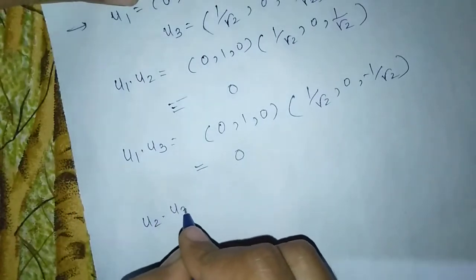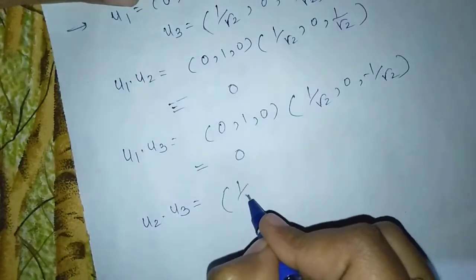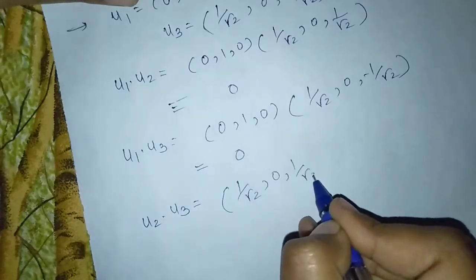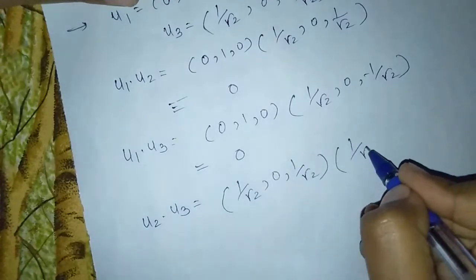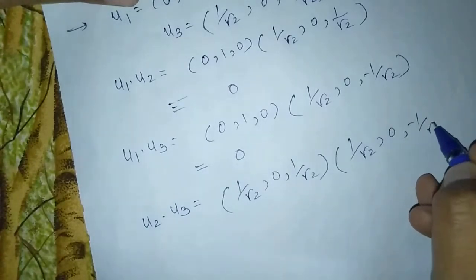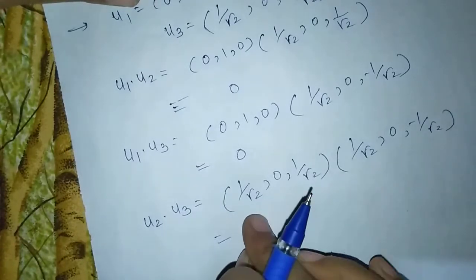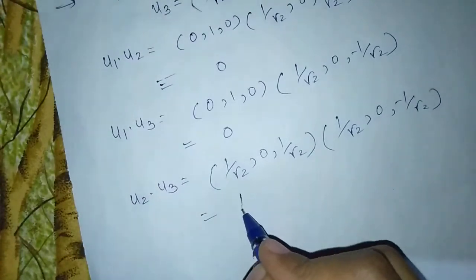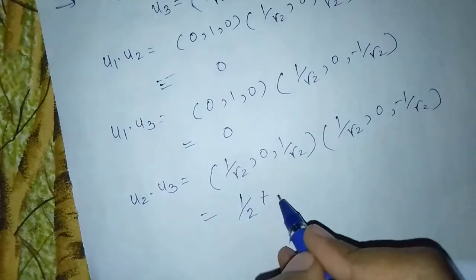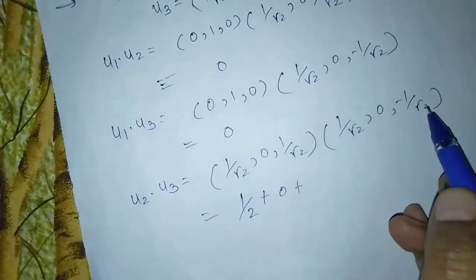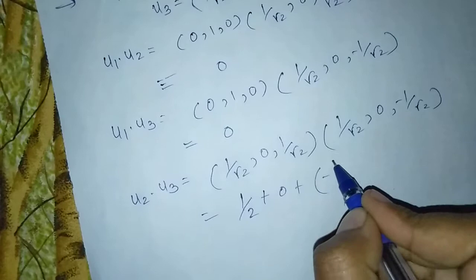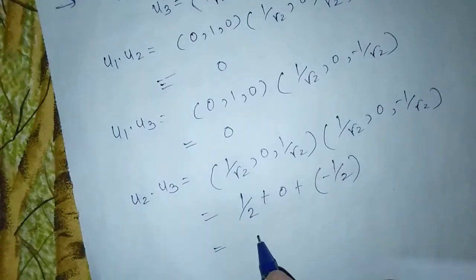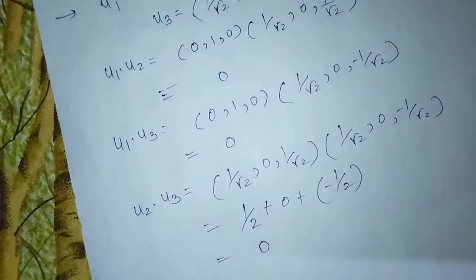Next, u2 dot u3 is (1 upon root 2, 0, 1 upon root 2) dot (1 upon root 2, 0, minus 1 upon root 2), which is 1 upon 2 plus 0 plus minus 1 upon 2, equal to 0.